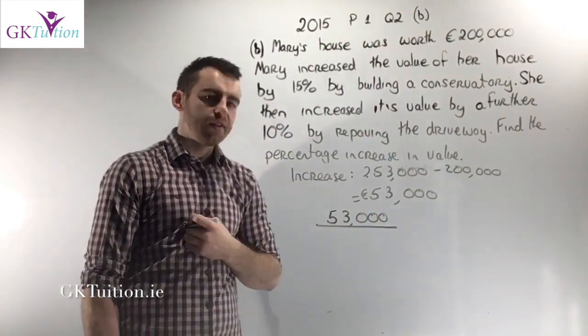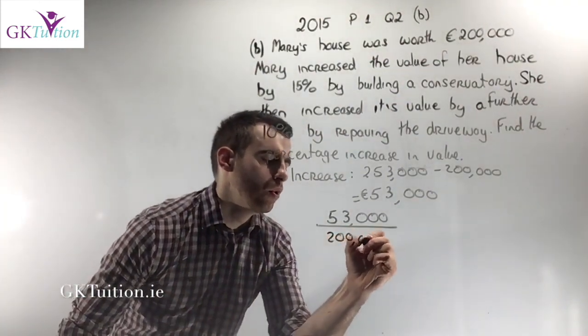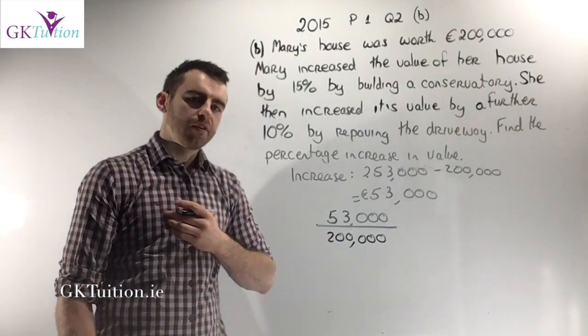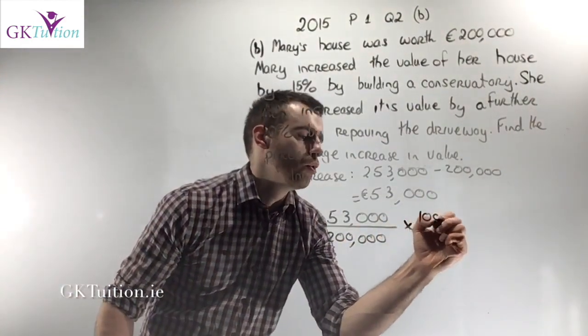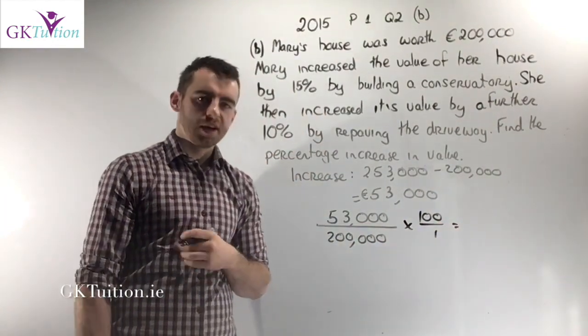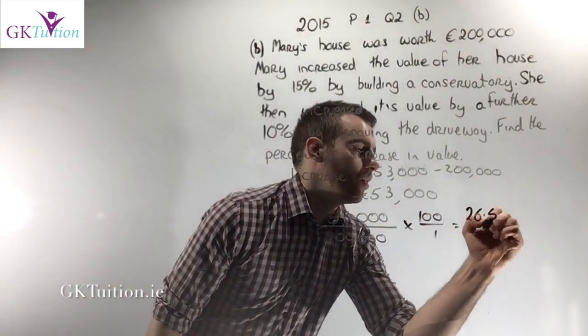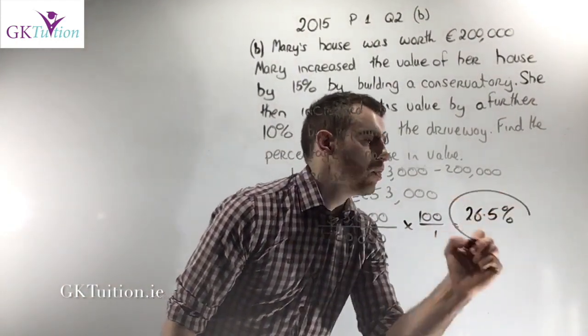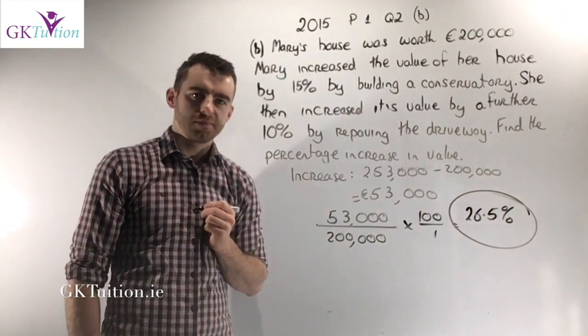The house has increased in value by 53,000, and originally it was worth 200,000. 53,000 divided by 200,000, and then to turn it into a percentage, you multiply by 100 over 1. My answer works out as 26.5%. So overall, Mary's house has increased in value by 26.5%.